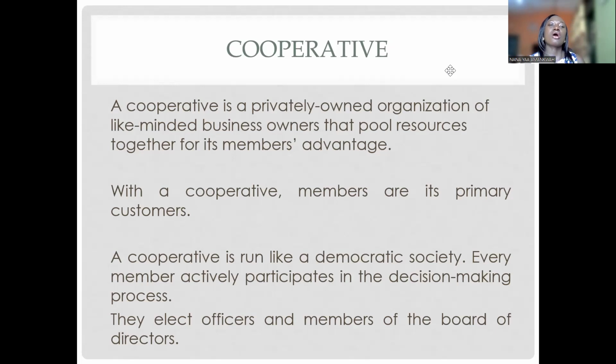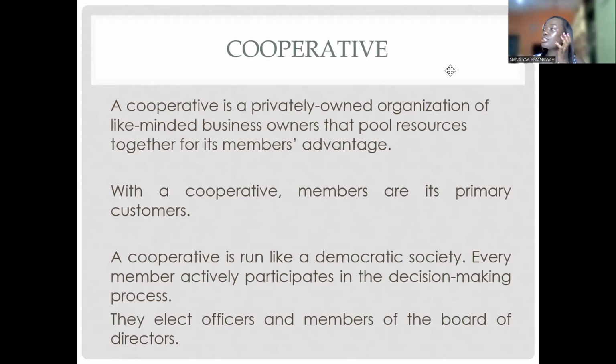Great. So we're looking at the cooperative. A cooperative is a privately owned organization of like-minded business owners that pool resources together for its members' advantage. So you have several businesses, and then you come together and say, okay, we want to form a cooperative, so and so cooperative.